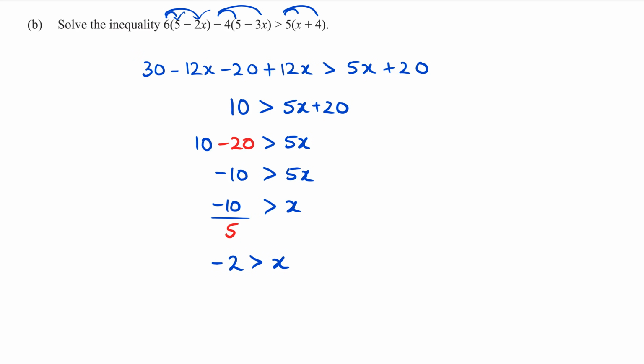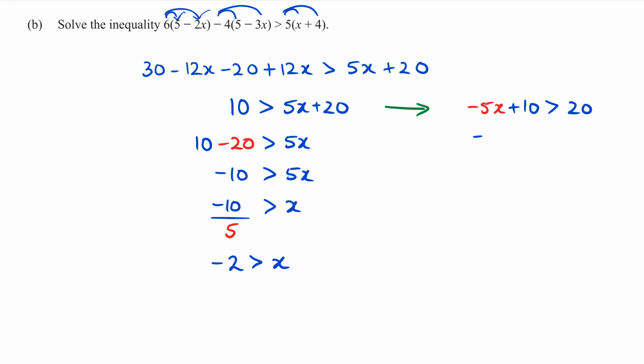Now, some of you might have done this differently. Sometimes people end up bringing all the x's to the left-hand side. So you could have something like this. When you bring 5x to the left-hand side, it becomes minus 5x plus 10 greater than 20. I'm just going to put that in red so you can see what's happened there.